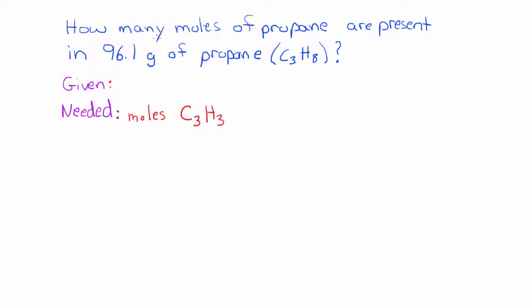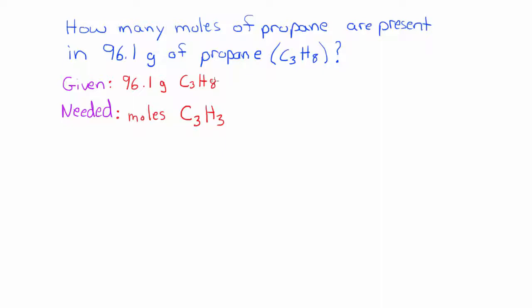And then how many moles of propane are present in 96.1 grams of propane? That means we're given grams of propane. So we have specifically 96.1 grams of propane. Okay, so we need to convert between grams to moles.